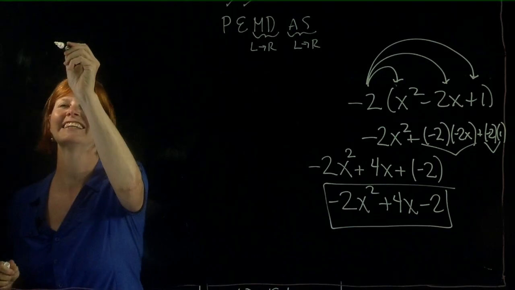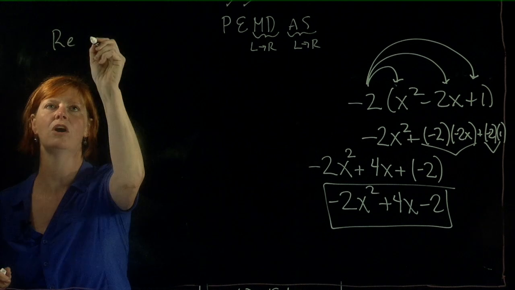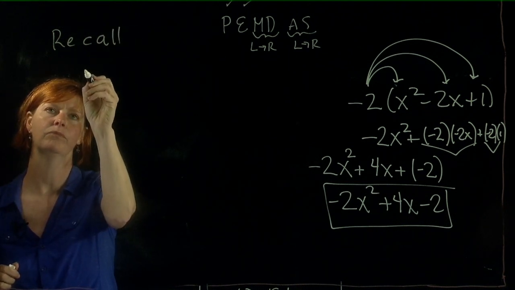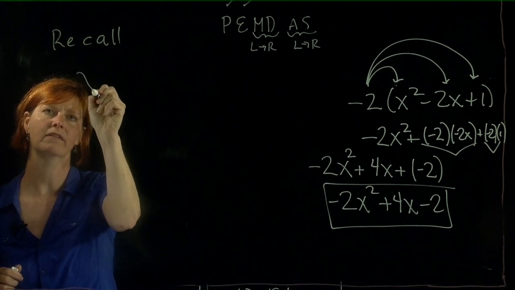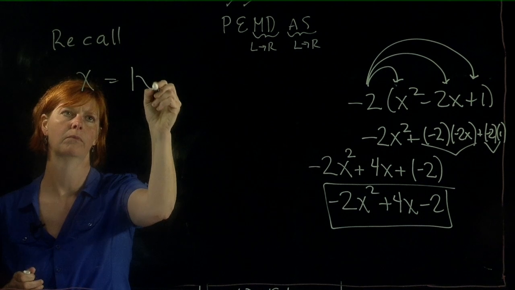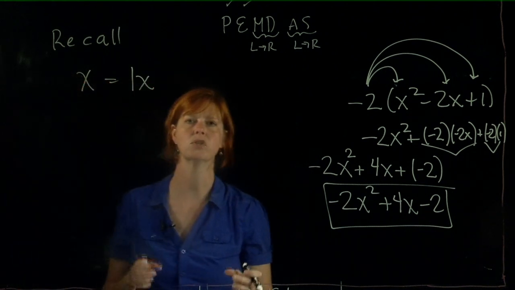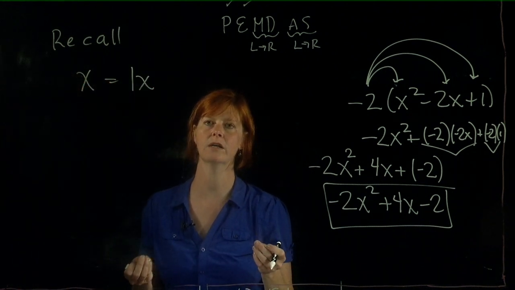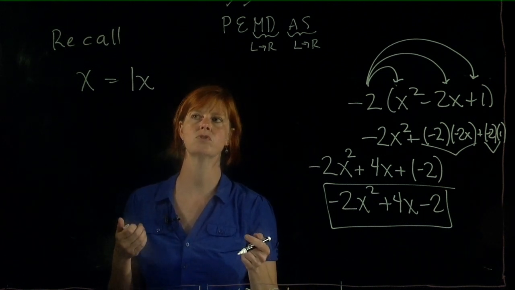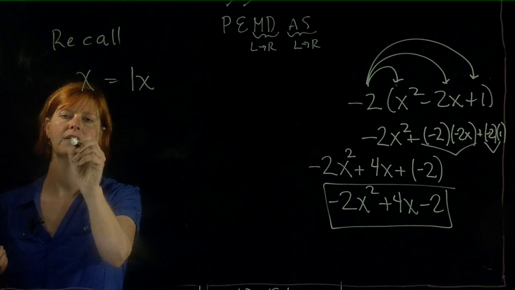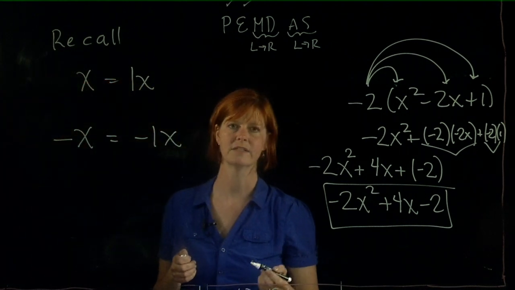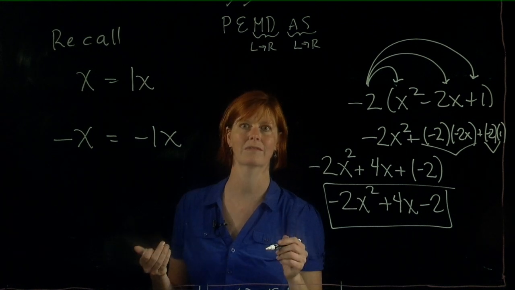Let's make it hard. Let's try this, a little recall just to remind you how this works. If I had x, how many x's do I have? I just have one of them. That one is what we call an assumed one. You know it's there, it doesn't need to be written. The same thing is true if I had negative x, but I could rewrite that as negative 1x.